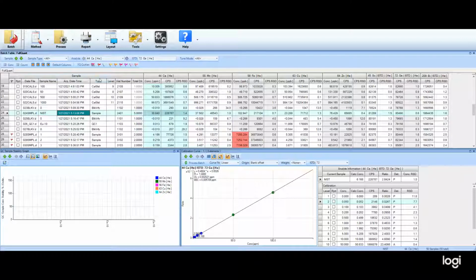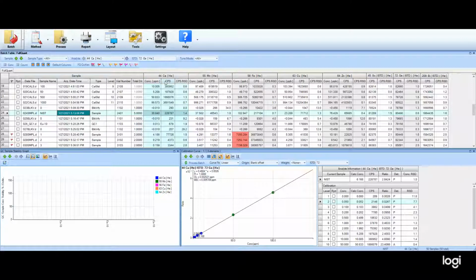For the sample, it has the standard, the data file, the sample name, the acquisition time and date, the type. So is it a calibration standard, or is it a sample, or is it a quality control? It has the levels for the calibration standards, which vials in the autosampler the samples were in, and then the total dilution. For the elemental information, it has the concentration in the unit that we have defined in our full quant table.